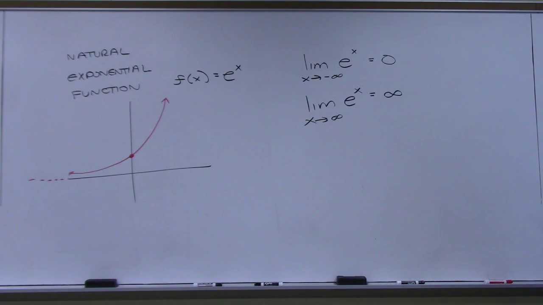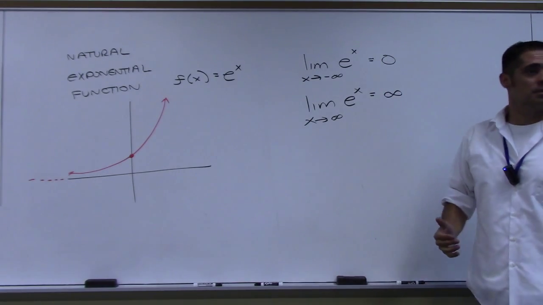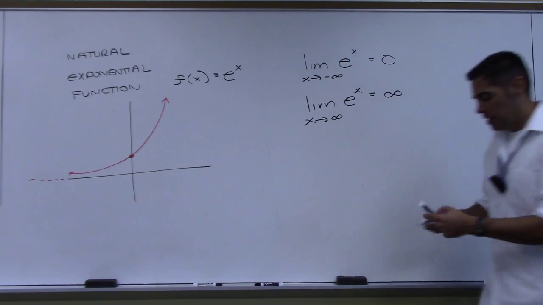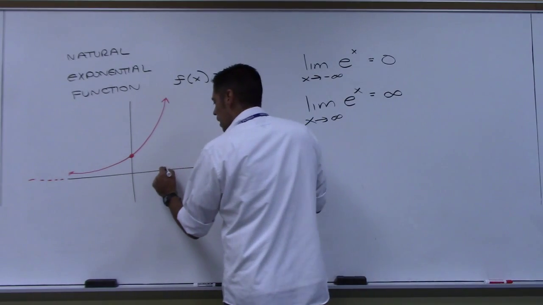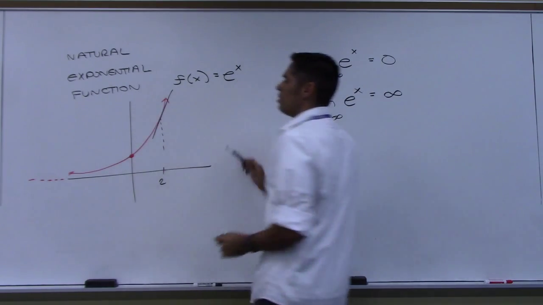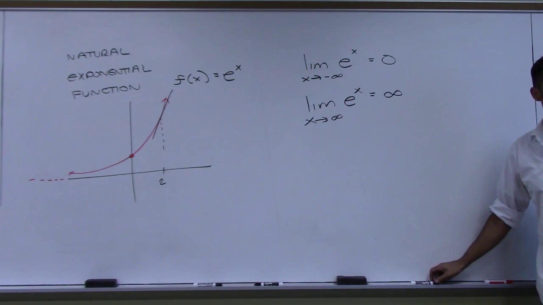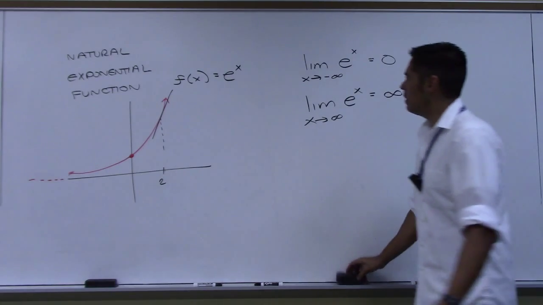What we didn't talk about yet, though, is what's the derivative of this? Right? What's the slope of the tangent line? If I say, come out here, pick some point out here, 2, and then come up here and find the slope of the tangent line, you would need to be able to take the derivative of e to the x. So how do you take the derivative of e to the x?